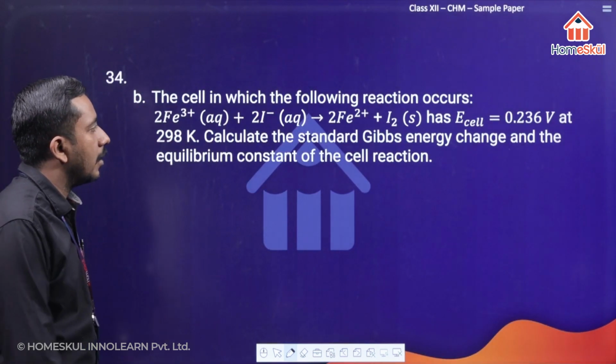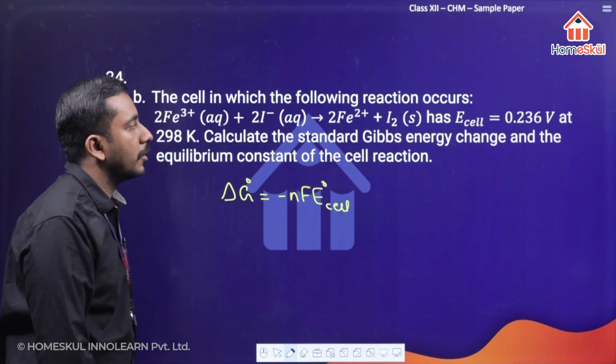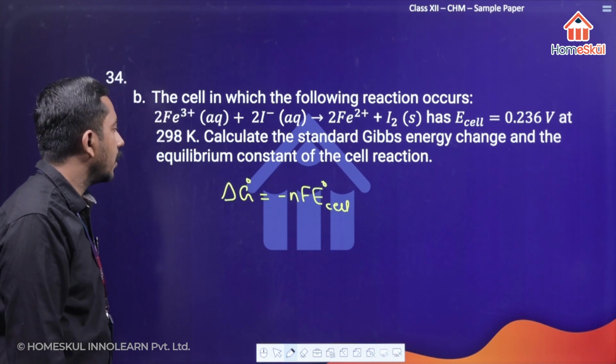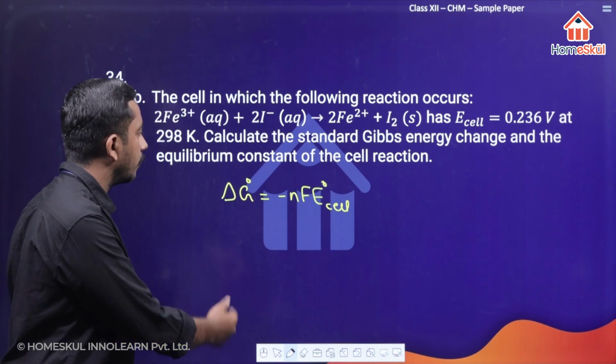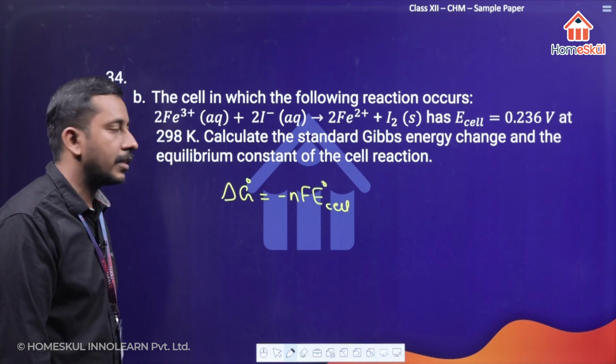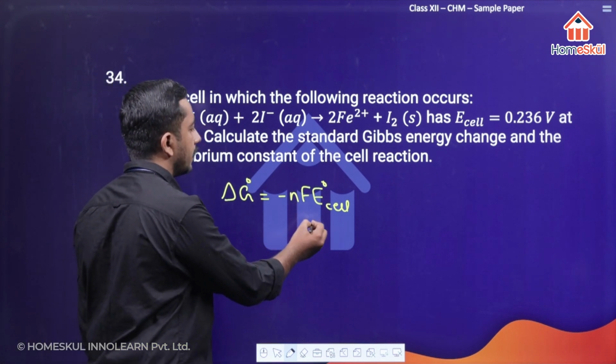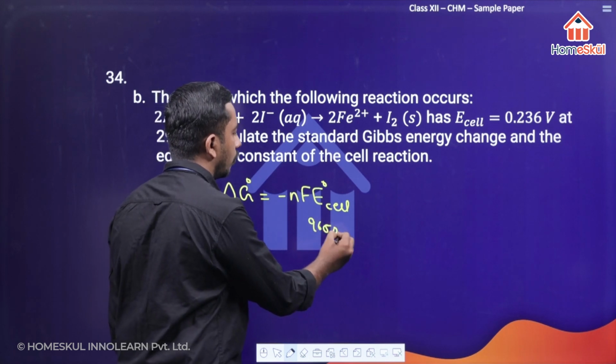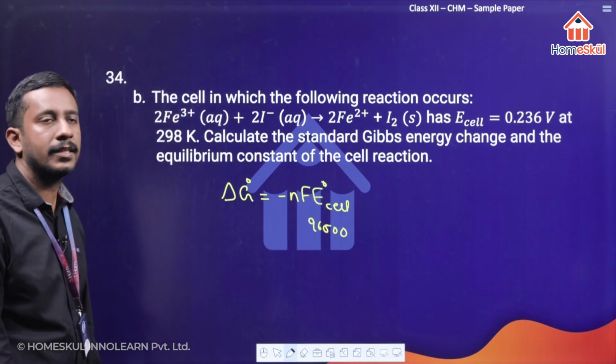Now we know that the cell potential is given. So how can we find the value of Gibbs free energy? It can be given as minus nF E0 cell. We know the value of F, that is 96,500 coulombs, and n is the number of electrons involved in the reaction.